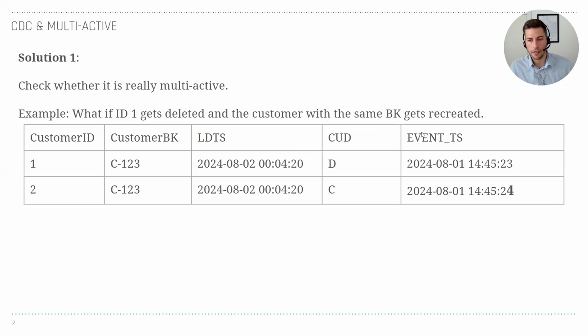But when we look into the detail of when it really happened, we may detect a small difference, that the delete happened at second 23 and was immediately recreated at second 24. So this may result in an order of what happened here.